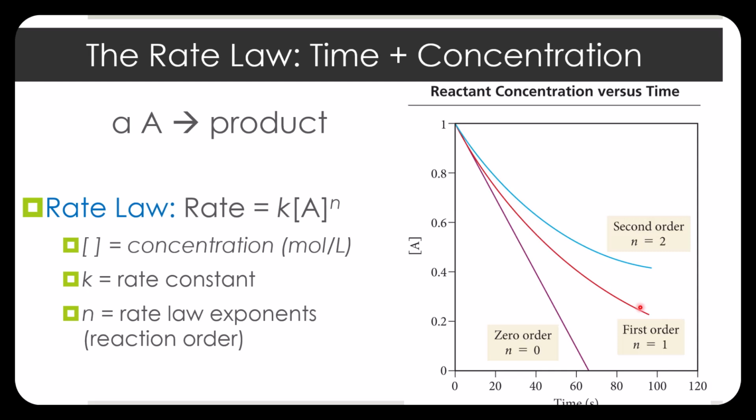If we cut the amount of A in half, the rate is also cut in half. So as A disappears, the rate slows down, and that's what we see with this line curving off. The slope doesn't remain the same. The slope gets a little bit more shallow. That's the rate slowing down.